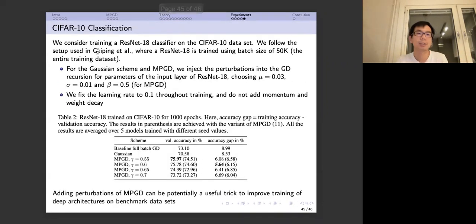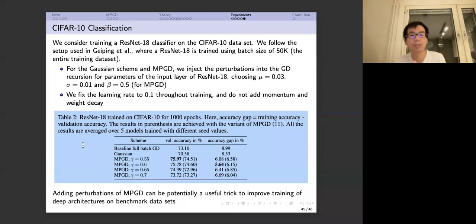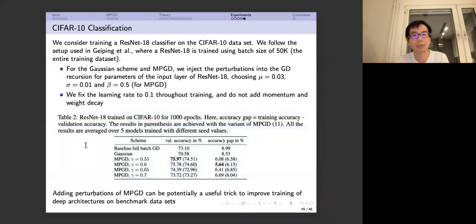Similarly, for CIFAR-10 classification, we use the entire training data set to train the neural networks. Here we use a ResNet. Similarly, compared to the baseline gradient descent and gradient descent using Gaussian perturbation, MPGD outperformed them again. So the message here is that these chaotic perturbations of MPGD can potentially be a useful trick to improve training for neural network architectures.